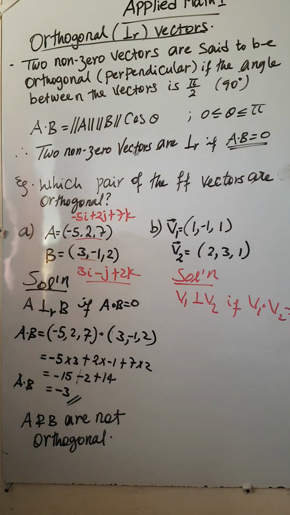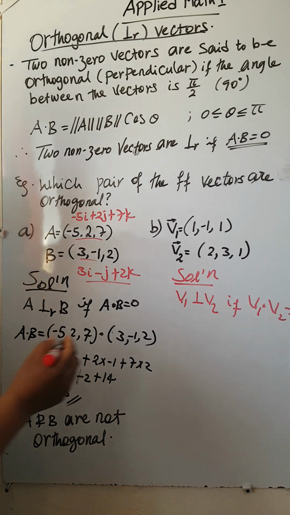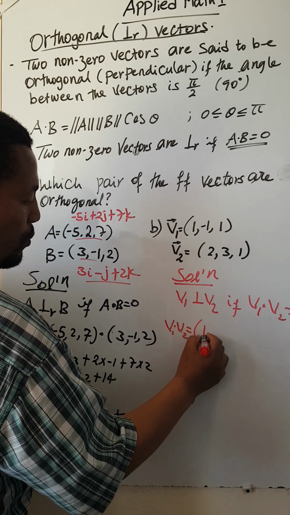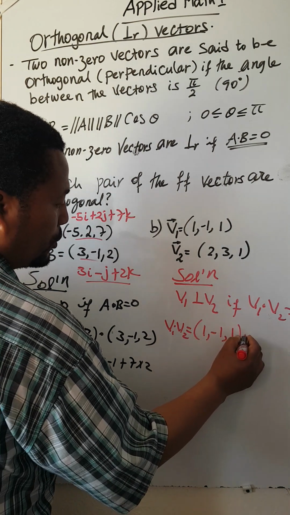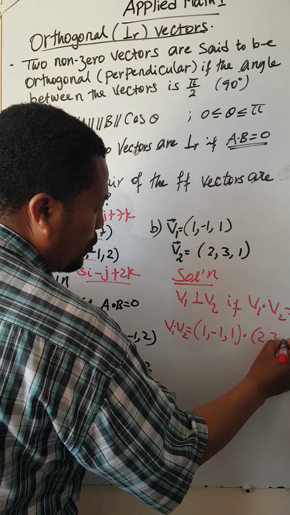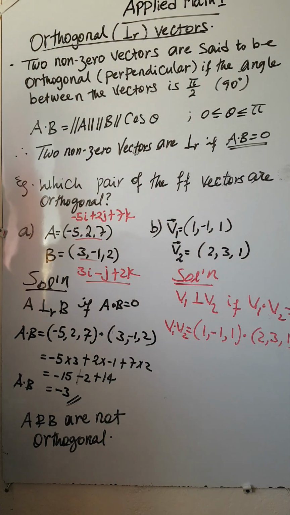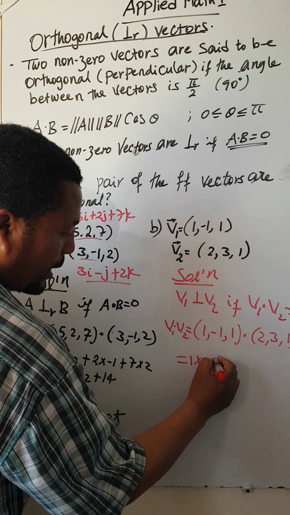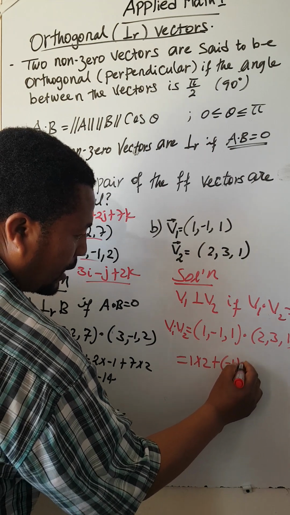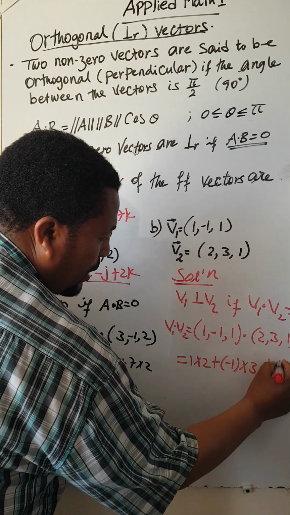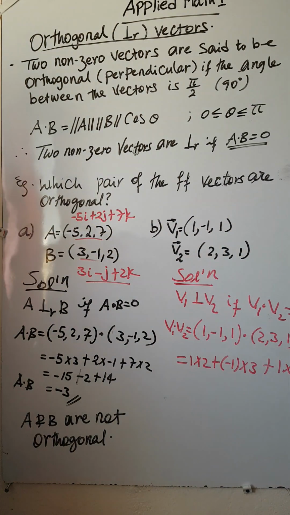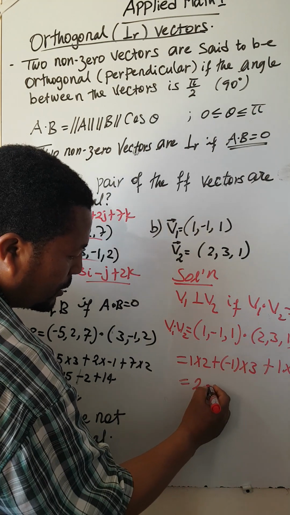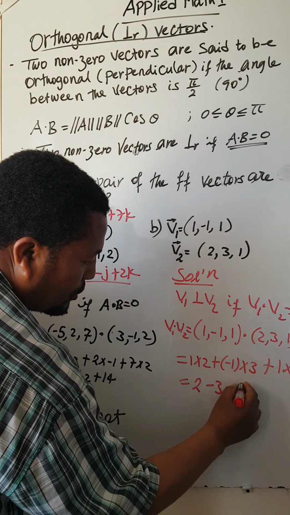Dot product to 0 ከሆነ እዚህ ያለን ዶት ፕሮዳክት v1 dot v2, v2 ደግሞ ምንድነው this is equal to (1, -1, 1) dot (2, 3, 1). ስለዚህ this is equal to 1 times 2 plus -1 times 3 plus 1 times 1. ይሄ ምን ማለት ነው 1 times 2 is 2, -1 times 3 is -3, 1 times 1 is +1.